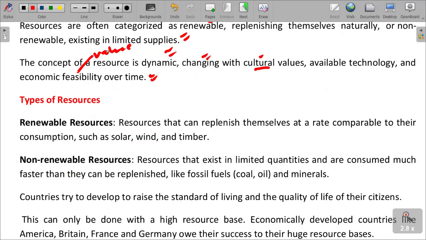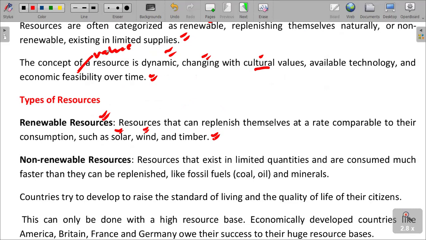Types of resources: I've already mentioned that we have renewable resources that can replenish themselves at a rate comparable to their consumption, such as solar, wind, and timber. These are resources which we cannot finish.